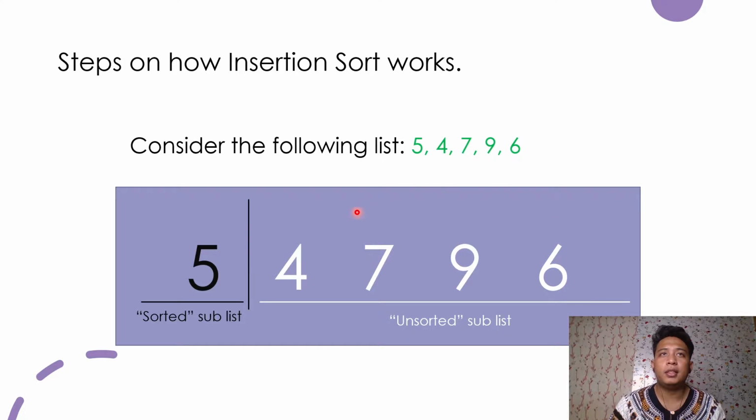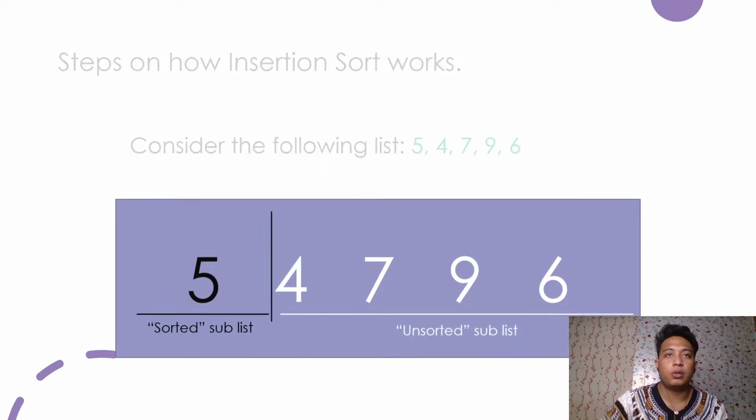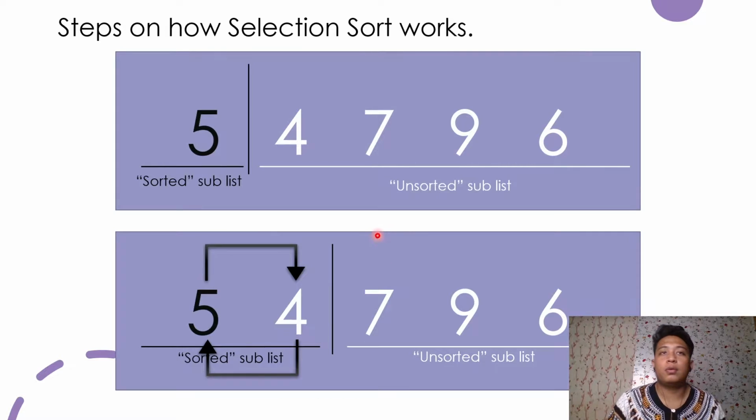So now we will begin the algorithm of how insertion sort works. So let's go. First, we will take the number 4. Then we'll compare which number is the lesser one. Is number 4 less than number 5?